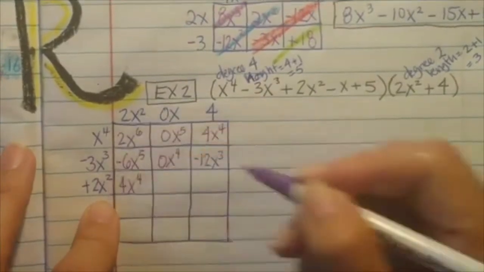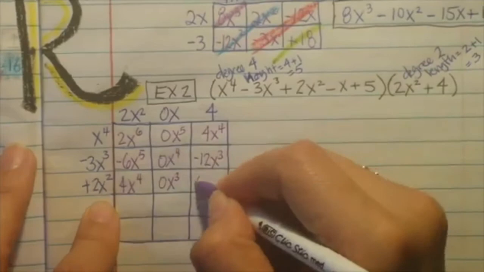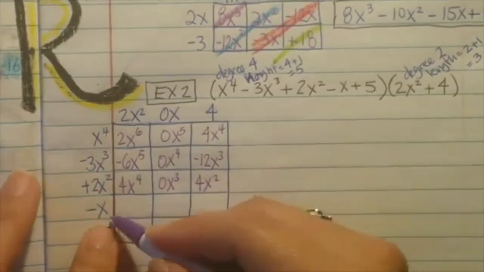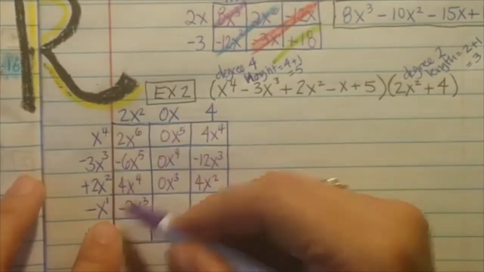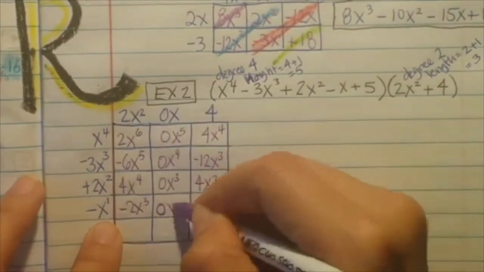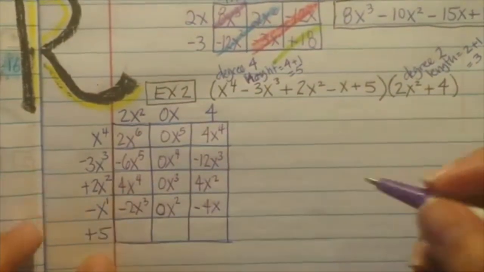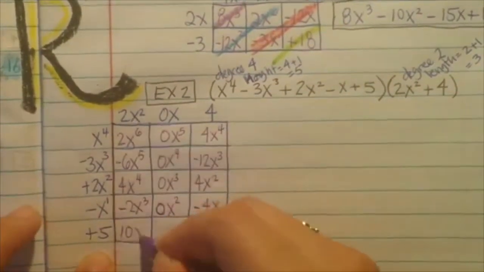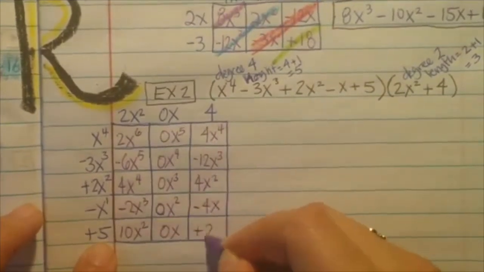Then 4, add the exponents to the 4, 0, add the exponents to the 3, and 8x cubed. Let's go ahead and correct that. So negative 2x, add the exponents to the 3, 0x squared, negative 4x. Last one, 10x squared, 0x, and 20.